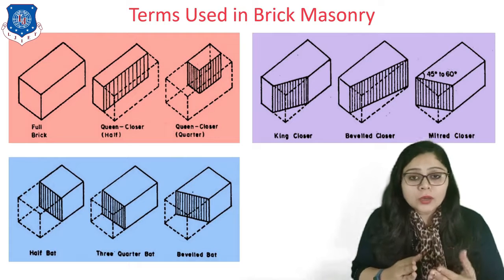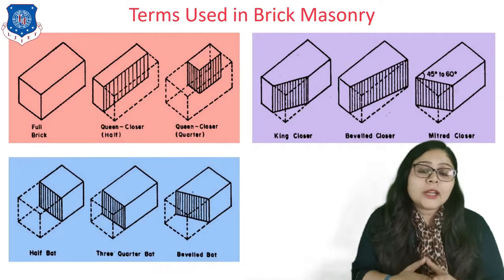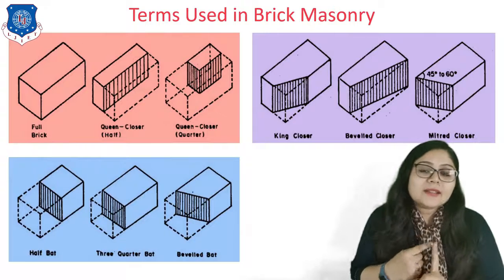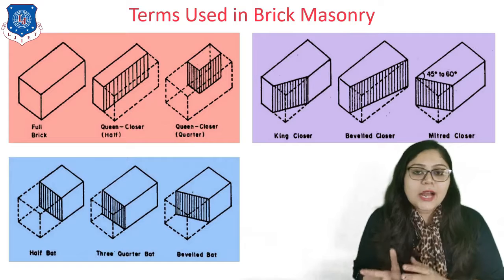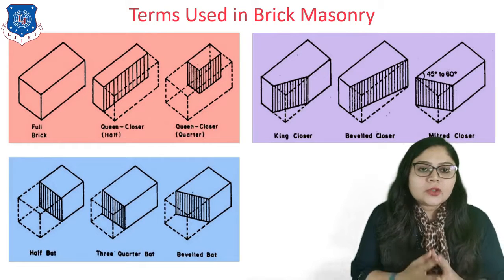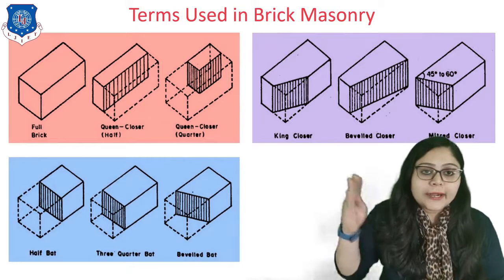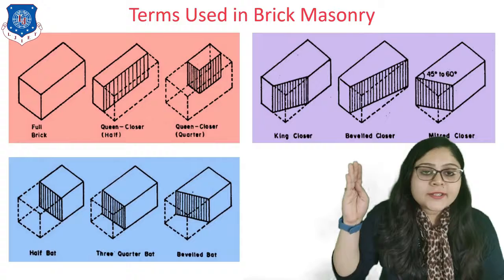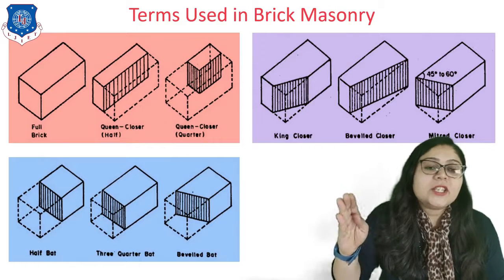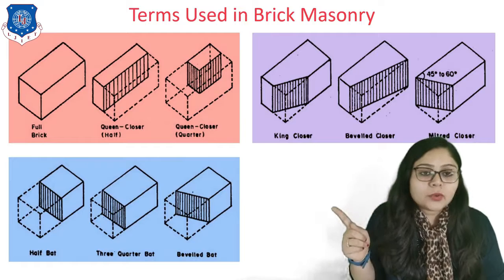If I cut it more, it is known as the queen closer quarter. Whenever I cut any brick with respect to its length, it is known as queen closer half or queen closer quarter. The next drawing shows a brick cut from the header's midpoint to the stretcher's midpoint in an inclined portion, which is known as the king closer.